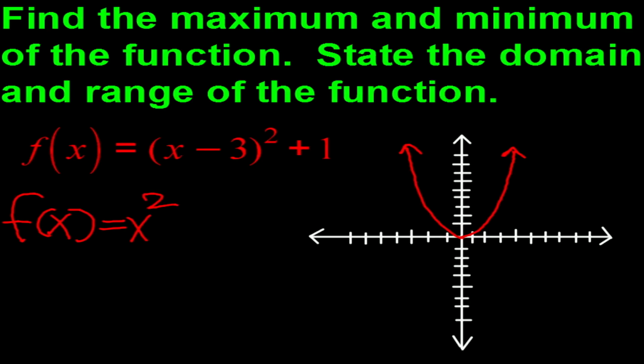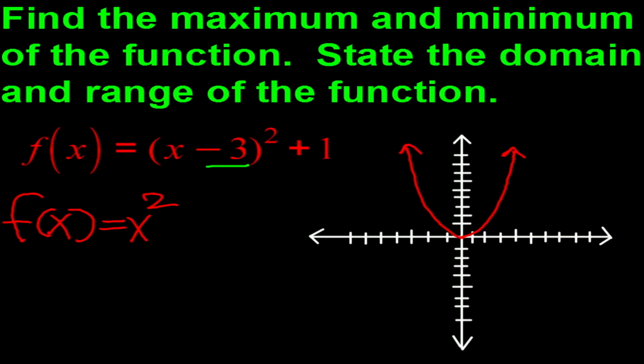So now I want to graph this based on the parent function using vertical and horizontal shifts. To do that, first I'm going to look inside. That minus 3 is inside the function, the x minus 3 quantity squared. It's inside the square, so it tells me it's going to be a horizontal shift. And on the inside, it's always opposite of the sign.